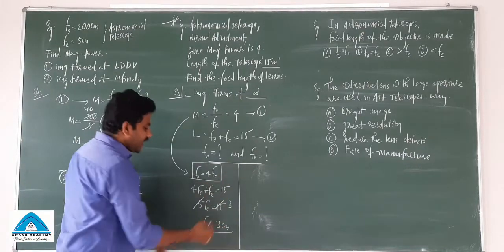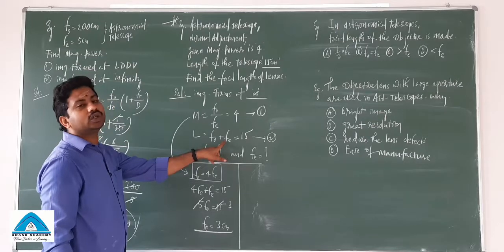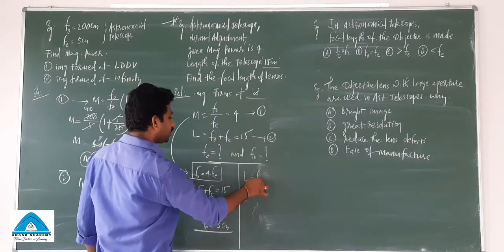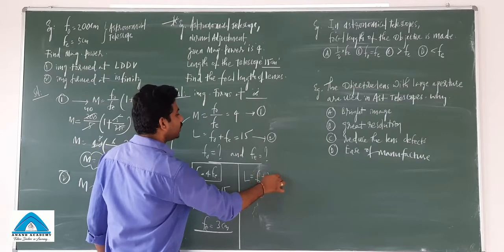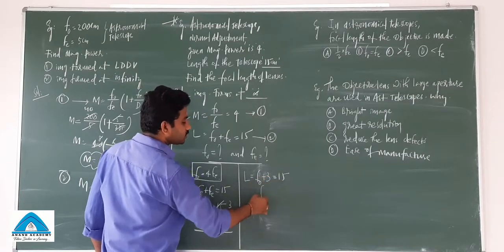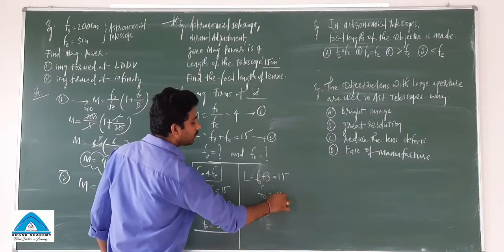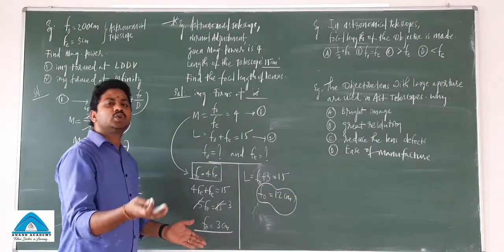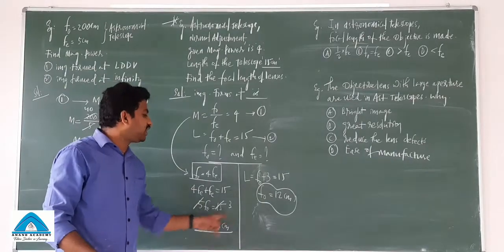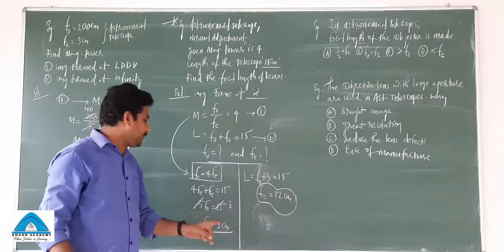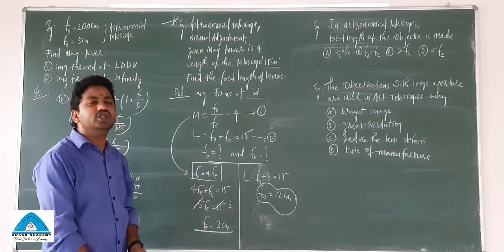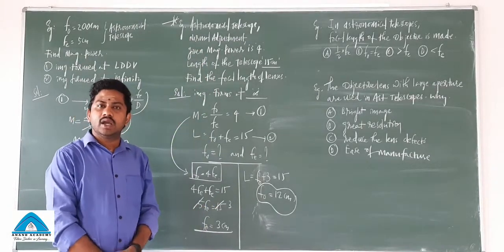Now this fe you substitute in the length of the telescope equation. So f naught plus 3 is equal to 15. So from here f naught is equal to how much? 12 centimeters. If you have any doubt, you get the values of fe and f naught, right? Just add them, 3 plus 12, you get 15. So this is how the numericals can be solved.